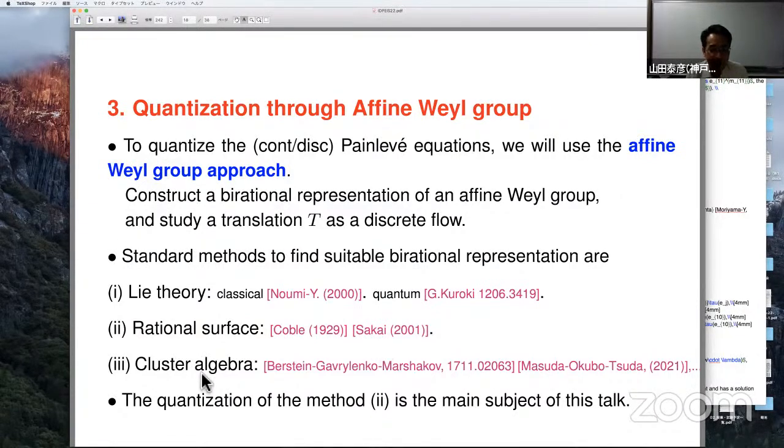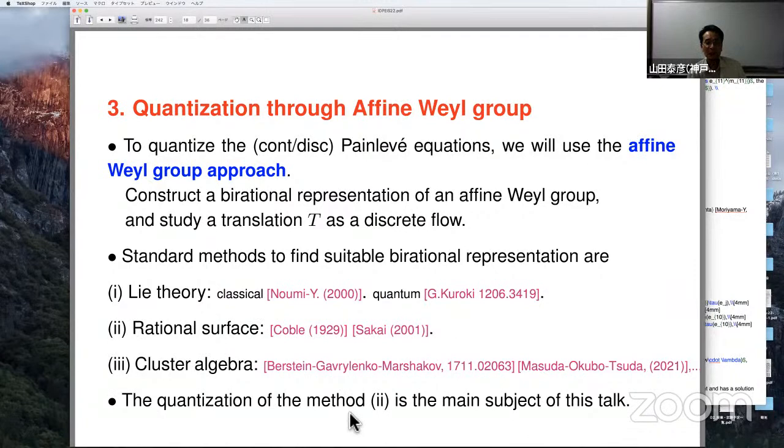And the third method is to use the cluster algebra, and this method is progressing these days. But today I will consider the quantization of the second method.